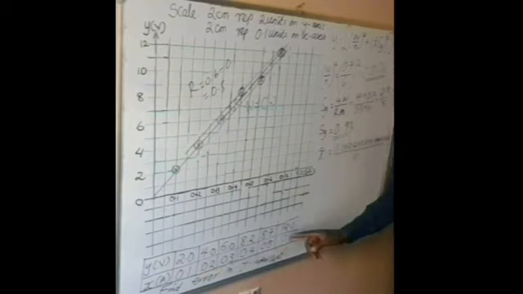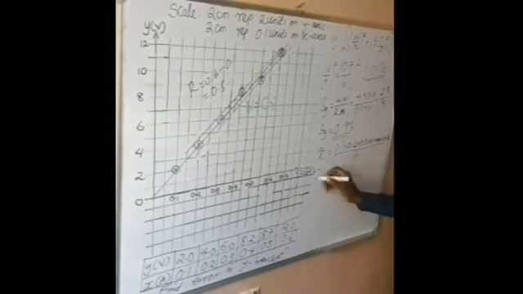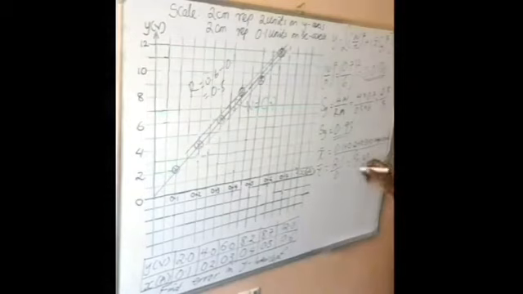When we sum everything in the numerator, X bar will be equal to 2.1 over 6, which is 0.35. So our X bar is equal to 0.35.